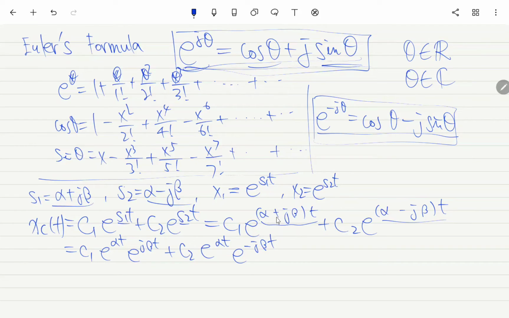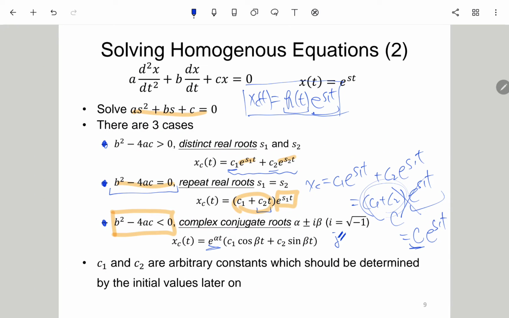We just multiply these two things together. Here we can clearly see that exponential of alpha t is the common factor, so we can put it in front, and then we have c1 exponential of j beta t plus c2 exponential of negative j beta t.